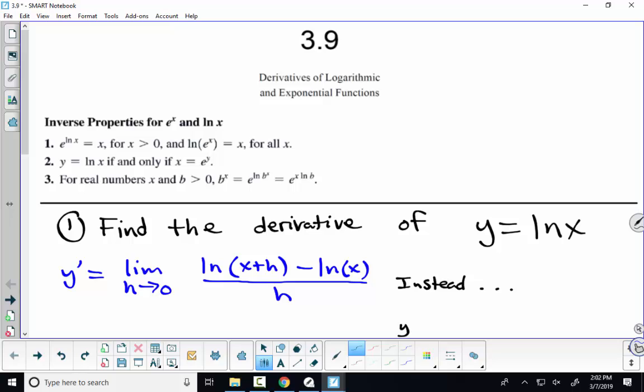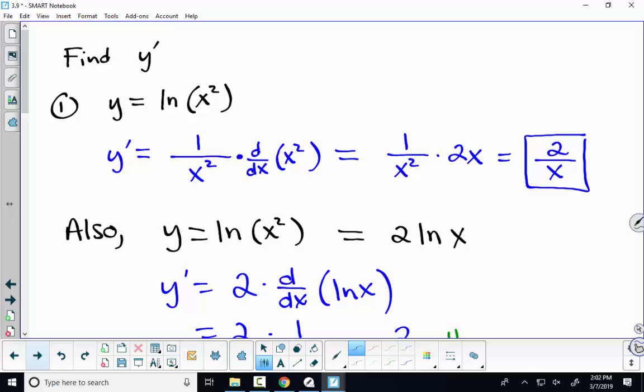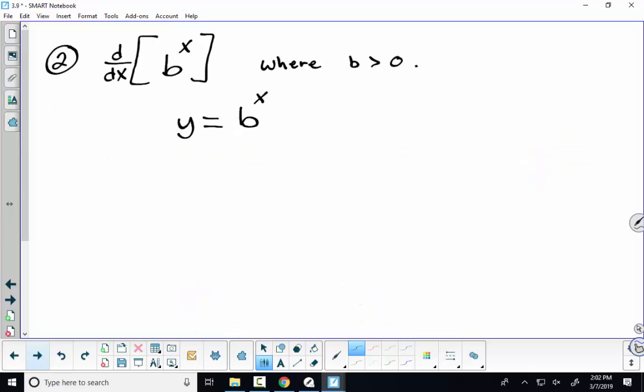Okay, so if y equals b to the x, we have to go back to inverse properties number 3, which says that I can write b to the x as e to the ln of b to the x. By inverse properties of the natural log and exponential e to the x, if I take e to the ln of anything, well, not anything, but specific things, they're inverses, and I get what's in parentheses, because the e to the ln is canceling out.